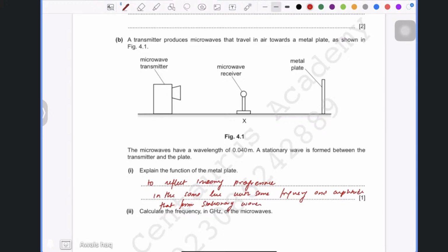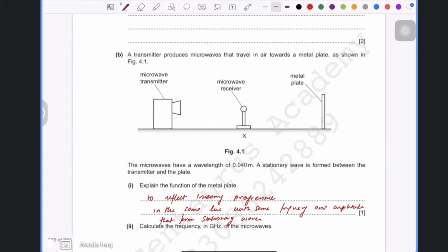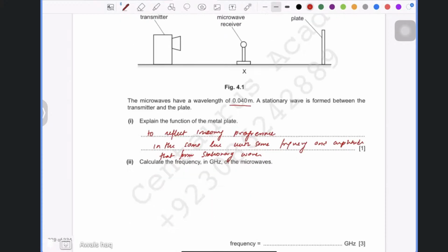Now it says calculate the frequency in gigahertz of the microwaves. Now what do you want to do? It says the microwaves have the wavelength of this and a stationary wave between the wave and the plate. Fine. So you have the wavelength, you can use v equals f lambda. v will be 3.0 times 10 raised to power 8. Frequency we want to find. Lambda is 0.040.